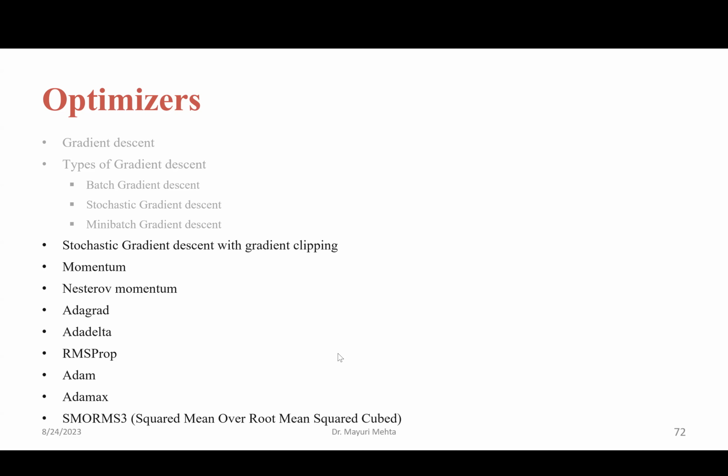It is based on the idea of adding a fraction of the previous update to the current update of the weights during the optimization process. In momentum optimization, the gradient of the cost function is computed with respect to each weight in the neural network.